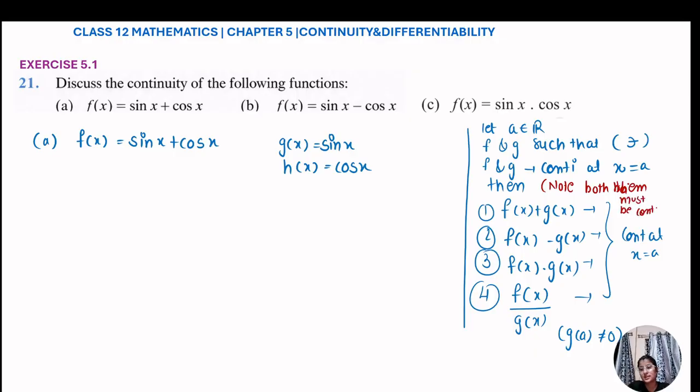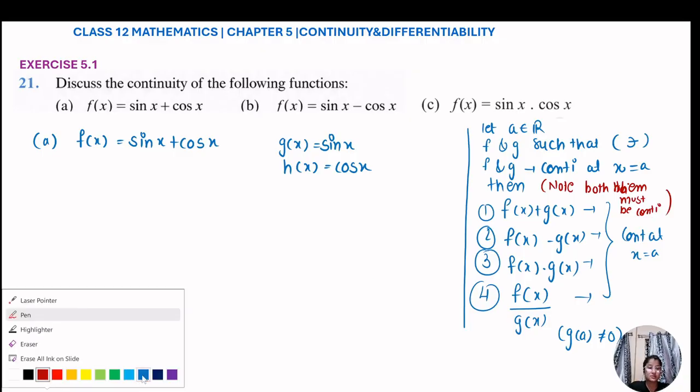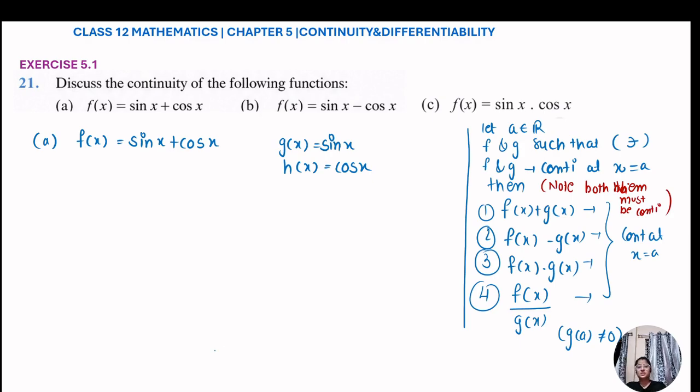Then only you can say the following results. This is the important part. Everyone might think that if one is continuous and another is not continuous, then also I can say this, but no, you cannot. You can use this property only when both f and g are continuous.